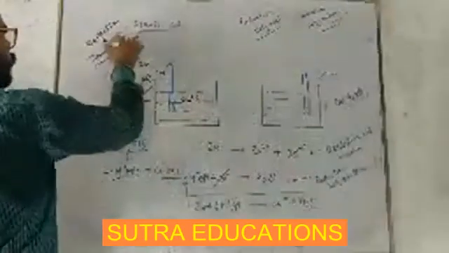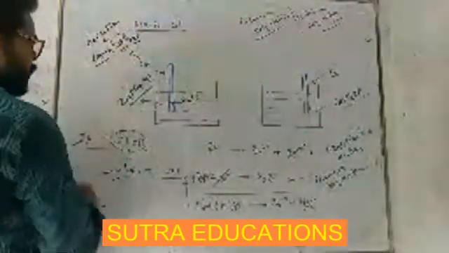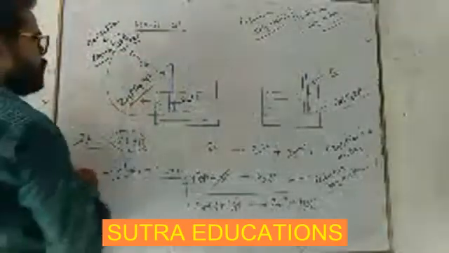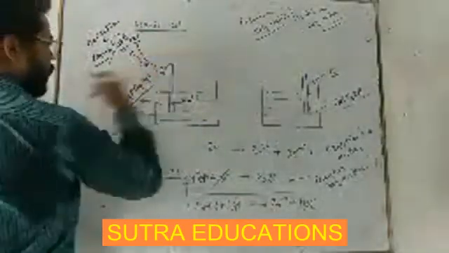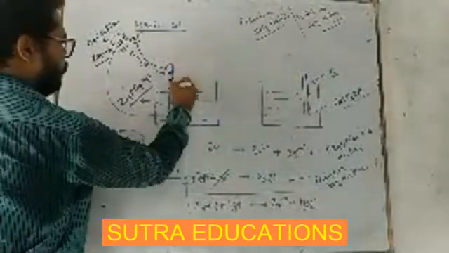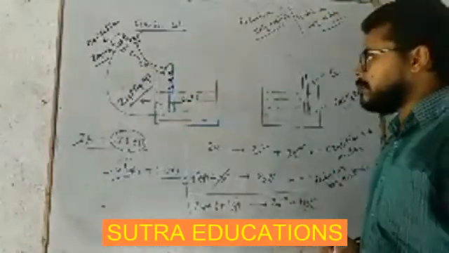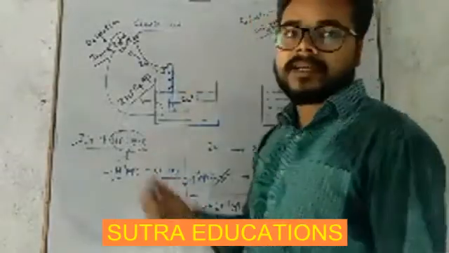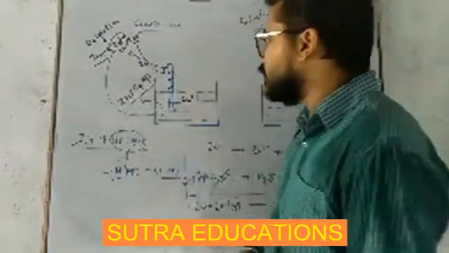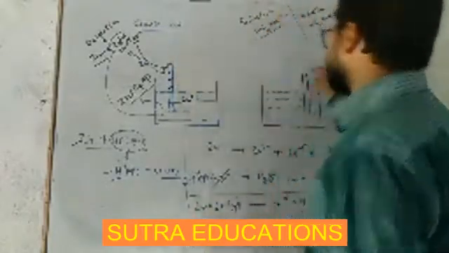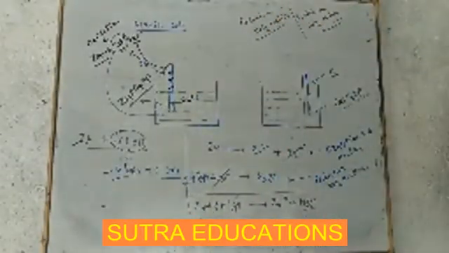This Zn2+ is coming into the electrolyte, and these electrons are coming to the zinc rod. Getting this now? So what will happen? The concentration of electrons on this zinc rod will be increased.